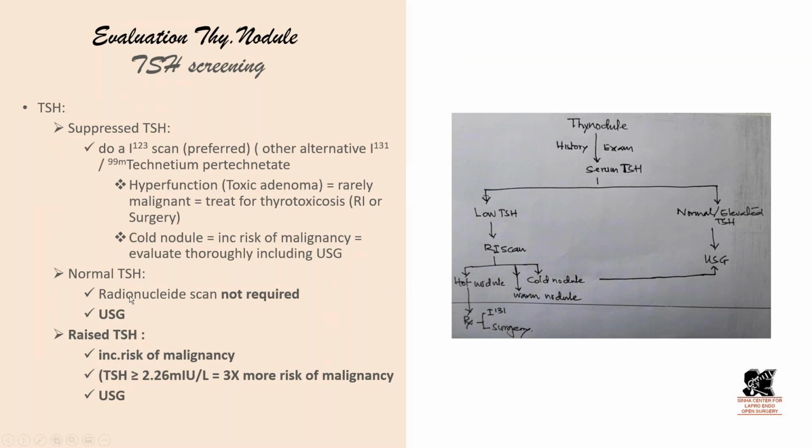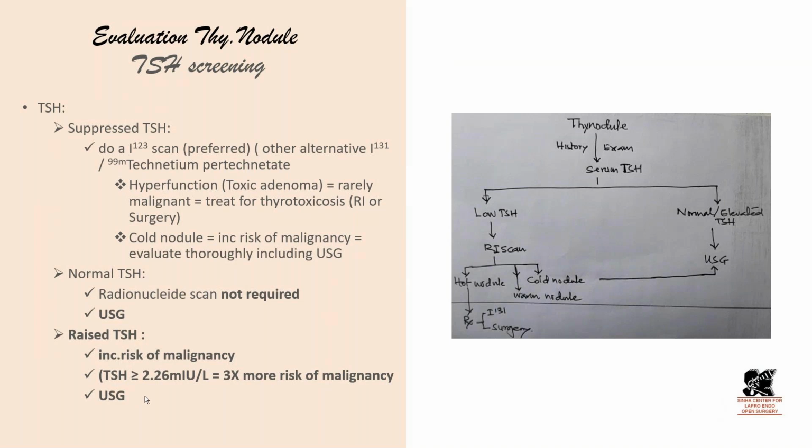If you got a normal TSH or a raised TSH, a radionuclide scan is not required. With a normal TSH, you don't do an RI scan. And if it's a raised TSH, again no RI scan. But what is required here in both cases is an ultrasound scan. So that's why it's written that with a normal or elevated TSH, ultrasound is required. Why in a raised TSH? A raised TSH basically means that the circulating thyroxine is low. That's why TSH is high.